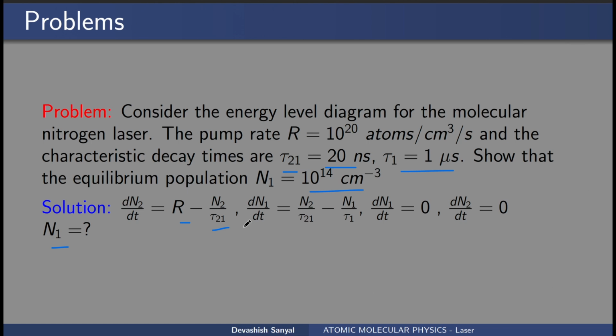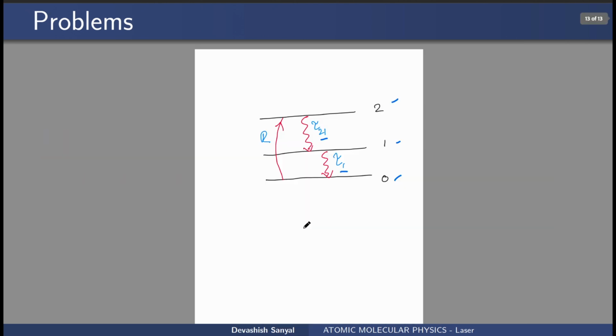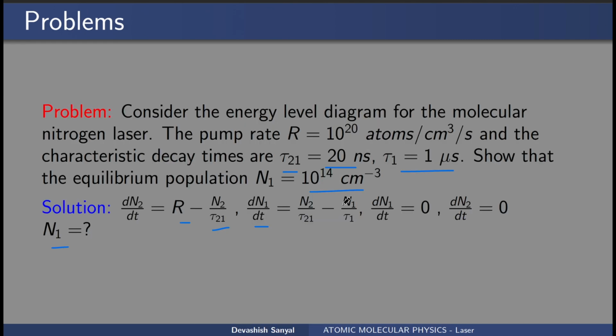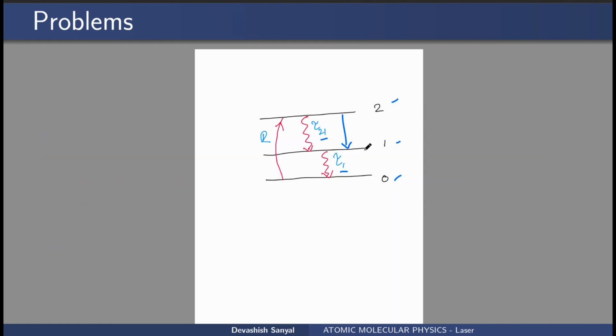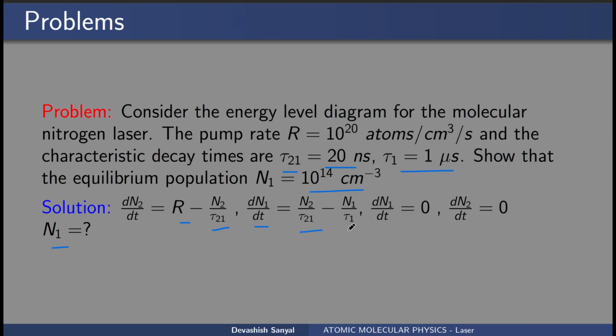And dn1 dt is equal to n2 by tau 2 1. So this is the rate at which atoms are changing from level 2 to level 1. And then from 1 to 0 there is a change, so that is given by the term minus n1 by tau 1. 1 by tau 1 is the rate of transition from 1 to 0.